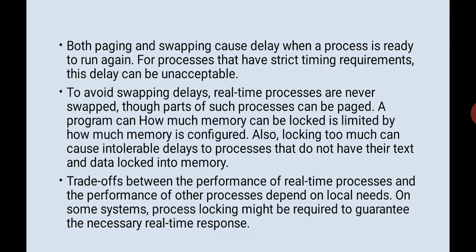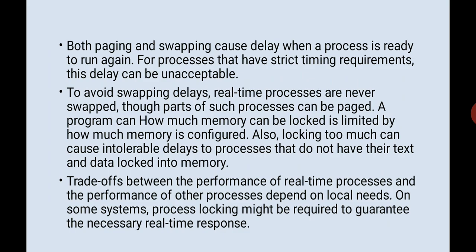A program can lock its memory. So how much memory can be locked is limited by how much memory is configured. Locking too much can cause intolerable delays to processes that do not have their text and data locked into memory. Right, so the trade-off between performance of real-time processes and the performance of other processes depends on local needs.